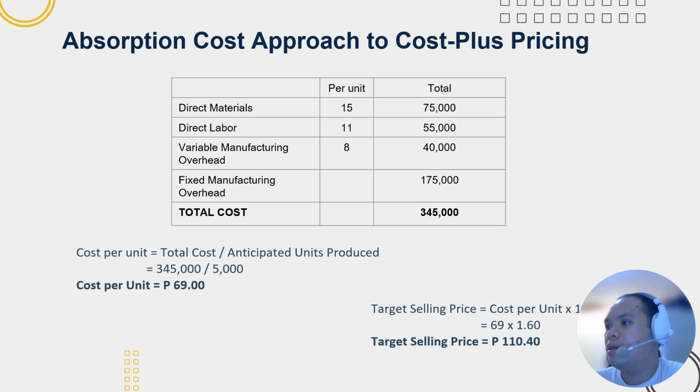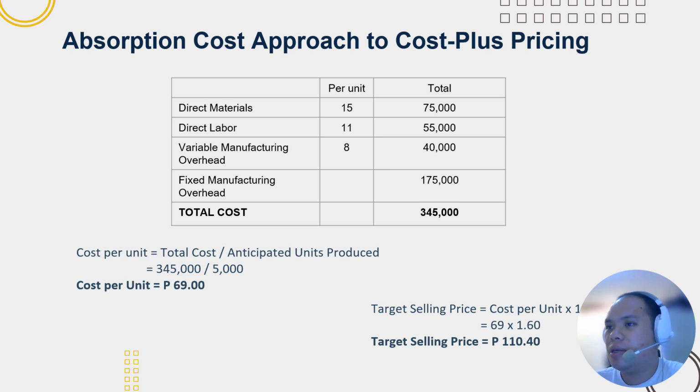Since the ABC company anticipated units produced of 5,000, in producing the 5,000 units they will incur 345,000 as total manufacturing cost. So that would give us 69 pesos cost per unit.